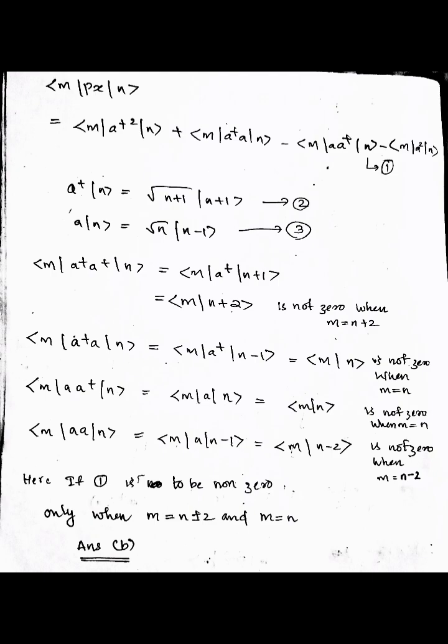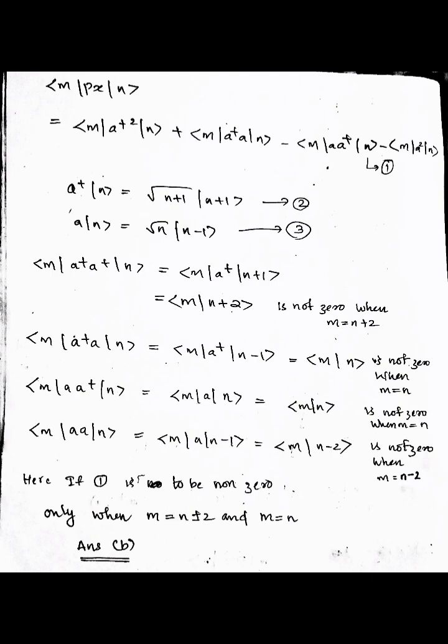And we know the property of bra and ket vectors, that is a†|n> is equal to square root of n plus 1 |n+1>, and a|n> is equal to square root of n |n-1>. Therefore, in the first term in equation number 1, <m|a†²|n> is equal to <m|a†|n+1>. Ignoring the constants, this is equal to <m|n+2>.